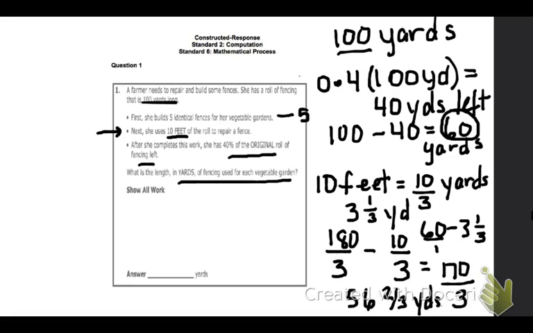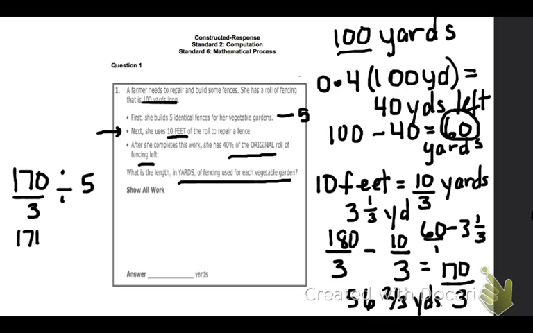Now she made 5 identical. So I'm going to take that and divide that by 5. So actually what I am going to do, which I think is easier, is I'm going to go back to the 170 over 3. And I know I need to divide that by 5. Now you do have a calculator, so that is very handy right now.